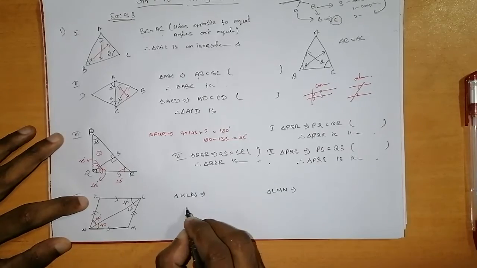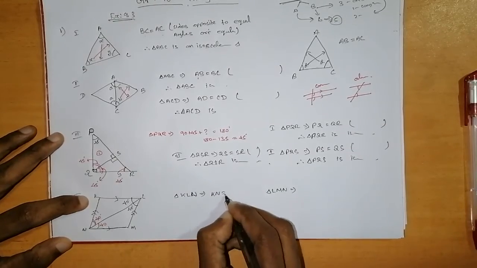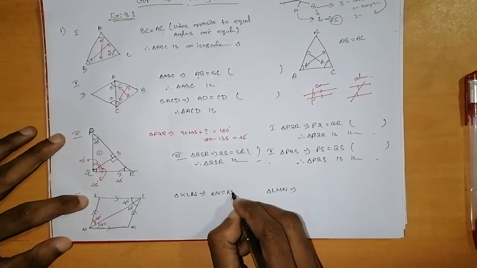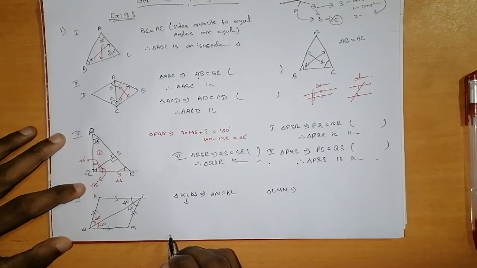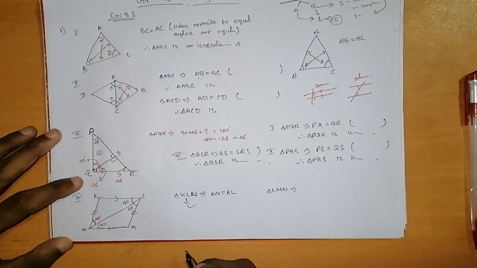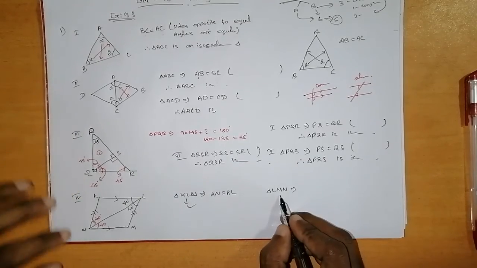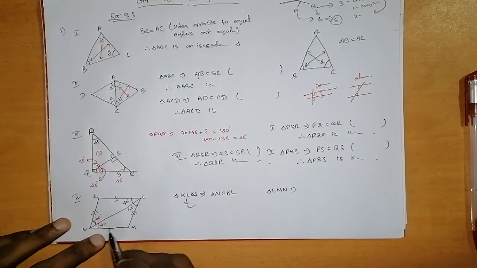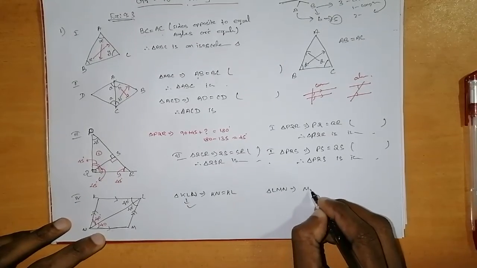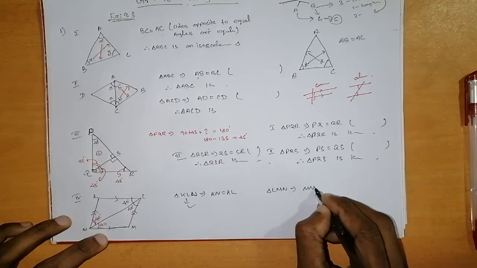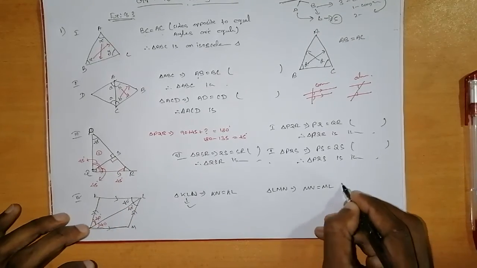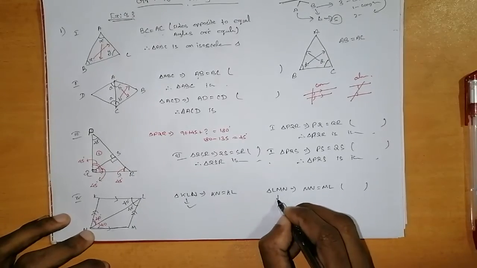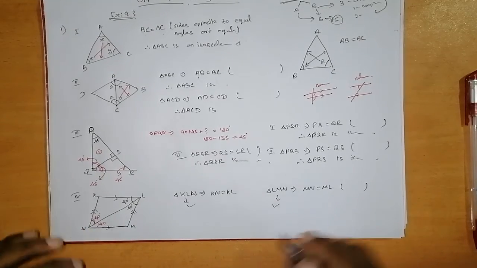So KN equals KL. So KLN is an isosceles triangle. What about LMN? Similarly, we have two angles of 40. What are the equal sides? MN is equal to ML.